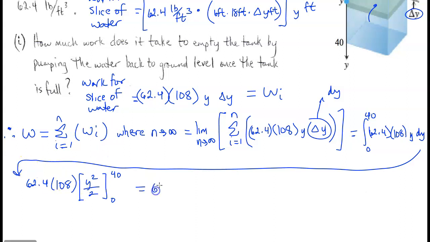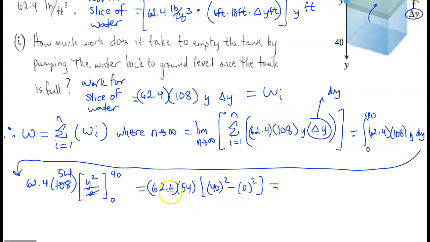And here this would be just 62.4 times, and this should be 54 here, because I know 2 will go into 108 54 times. And here I will take 40, and I will square that, minus 0 squared.